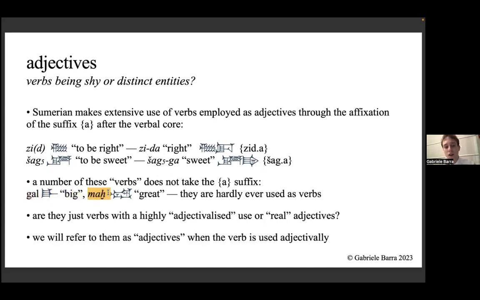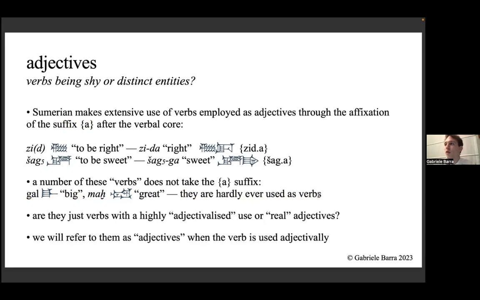Same thing for mach, which means great. You don't need to add anything to it, no suffix a. They are hardly ever used as verbs. So we could say they were once maybe productive verbs, which then became unproductive as verbs, and they became adjectives.